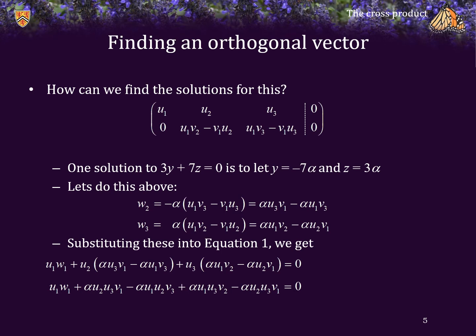However, you will notice that the second and fifth terms are the same, except the fifth term is negated. Consequently, those two terms cancel each other out. Thus, we are left with this equation. Notice that we can solve for w1 by bringing everything else to the other side and dividing by u1.